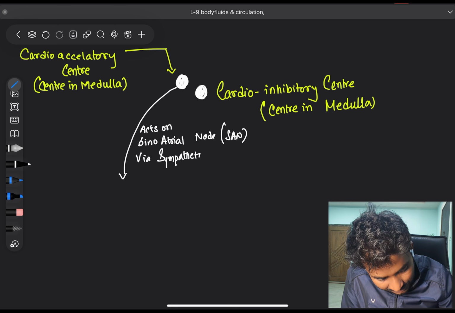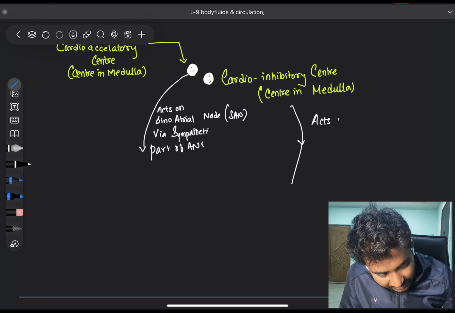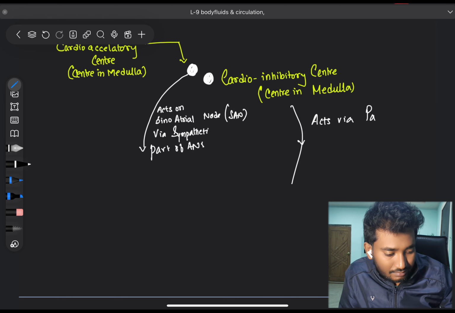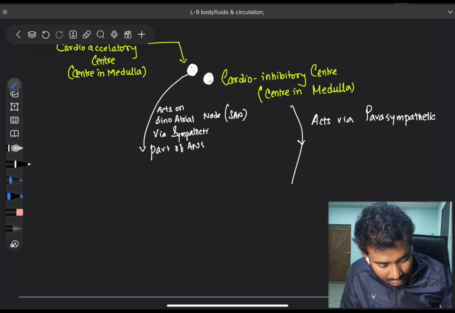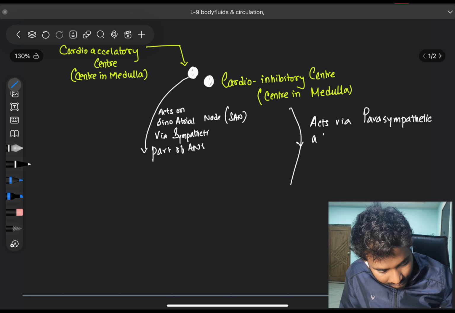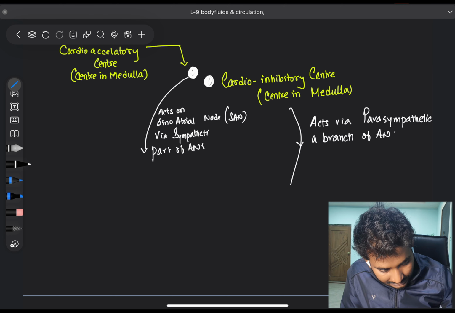So the cardio inhibitory center acts via the parasympathetic branch of ANS on the sinoatrial node, on the SAN.